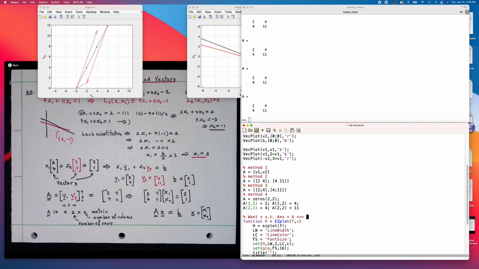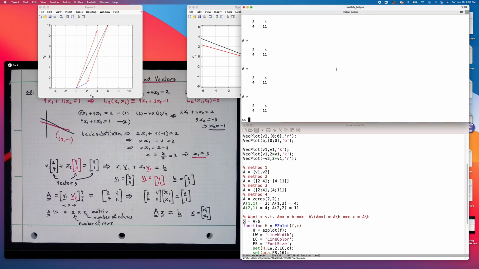The metaphor is that we can divide both sides by A, so A divided into A times x is equal to A divided into b, which means that x is equal to A divided into b. This backslash is analogous to b divided by A, or b over A if this was a scalar, and is the notation Matlab uses for the solution. So we'll have x is equal to A backslash b.